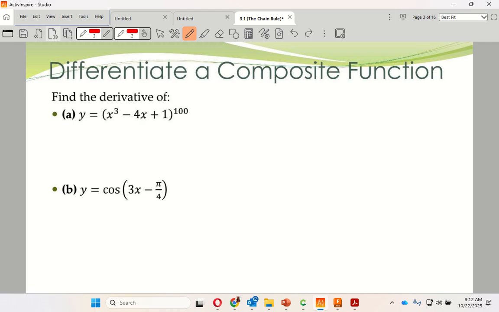So we're going to say what is inside. For this one right here, I'm going to say that u is all this right here. So u equals x cubed minus 4x plus 1.